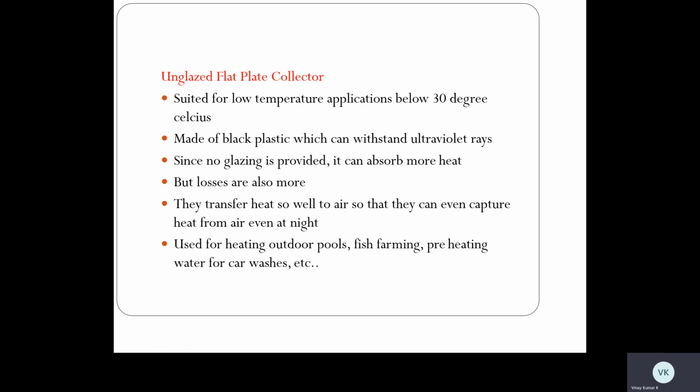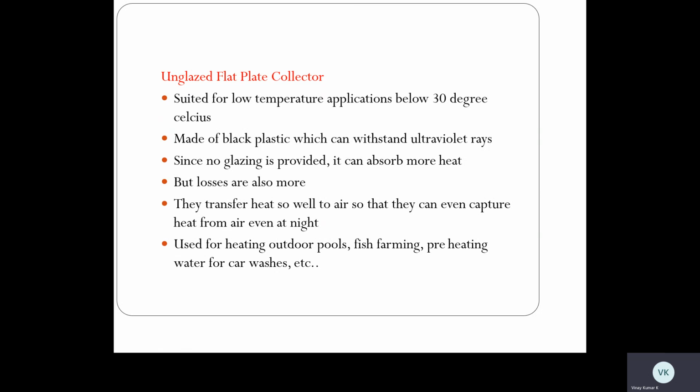The sun's rays contain different kinds of rays: microwaves, ultraviolet rays, radio waves, infrared rays, like that. Then since no glazing is provided, it can absorb more heat. If glazing is there, it blocks some of the heat, but here in the unglazed collector there is no glazing, so it can absorb more heat. The insulation is less here, that's why it absorbs more heat.